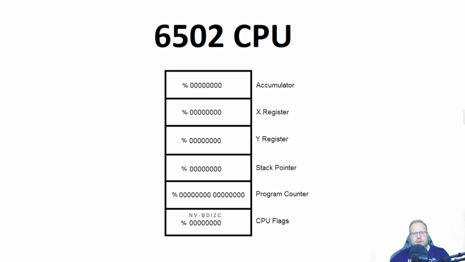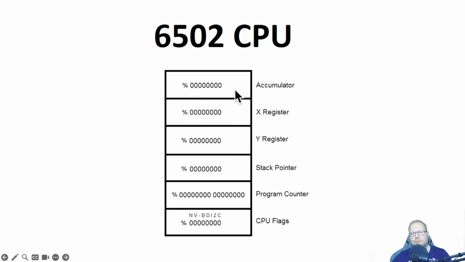So here we have a brief overview of the CPU. What I'm trying to show you here is that inside the CPU, we have these little compartments. Now, we're not going to go into detail on all of these, but we are going to look at these first 3. This one called the accumulator, this one called the X register, and this one called the Y register. I have put some numbers in here in binary format.